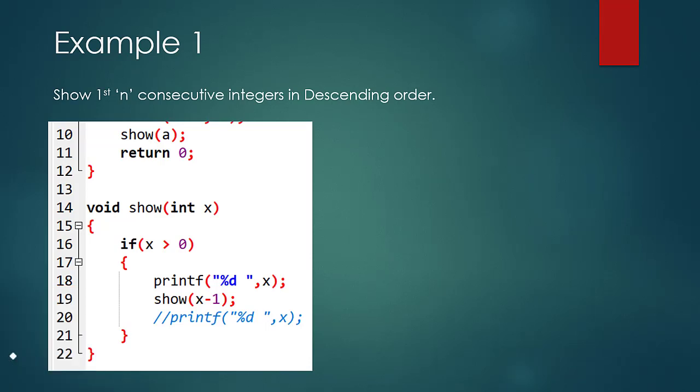Suppose the main function is calling the show function with the value a, where a is the number of terms we are going to print. So if a is equal to 5, then my output should be 5 4 3 2 1.